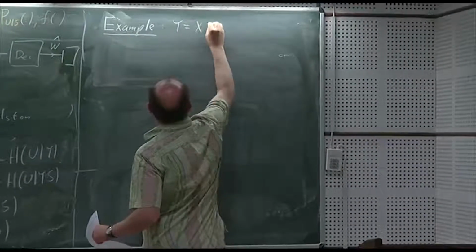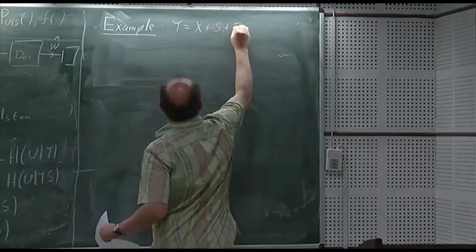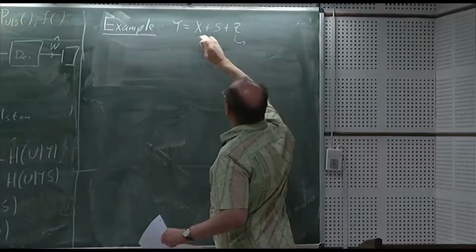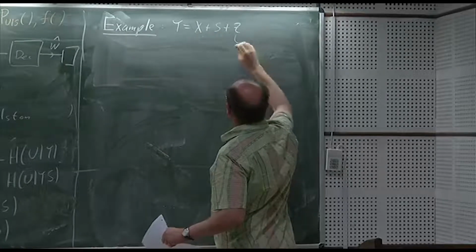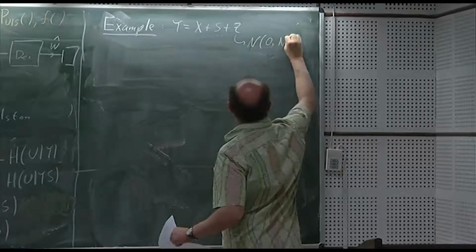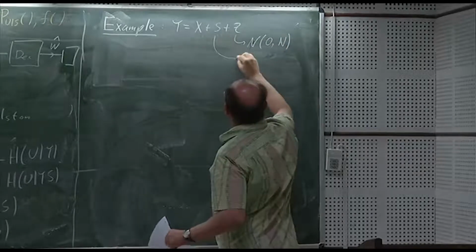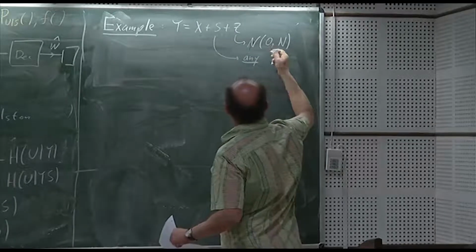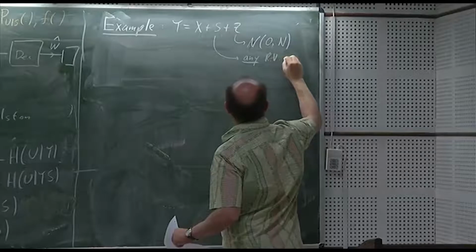Suppose this is the channel, where S and Z are statistically independent. This here is Gaussian noise with zero mean, and let's just say variance N. This here is any random variable with finite variance.